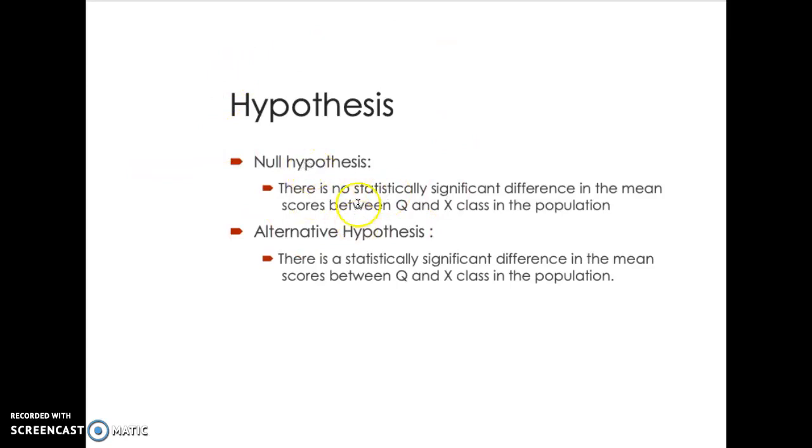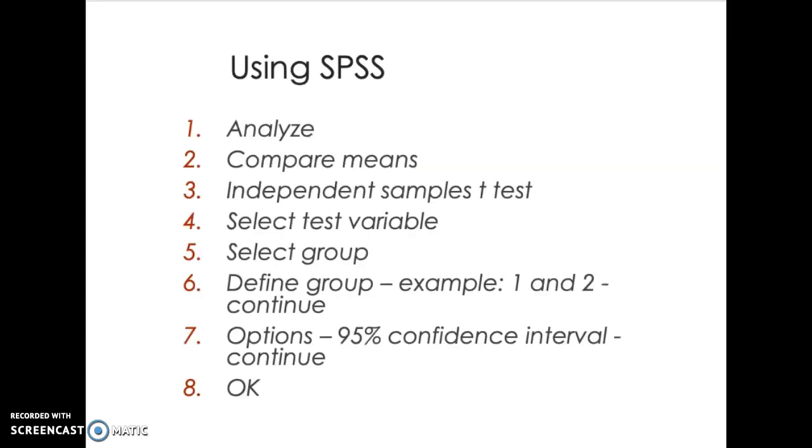For the null hypothesis, there is no statistically significant difference in the mean scores between the Q and X class in the population. Whereas for the alternative hypothesis, there is a statistically significant difference in the mean scores between Q and X class in the population.